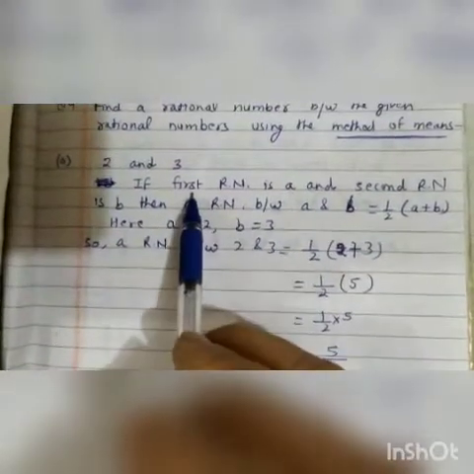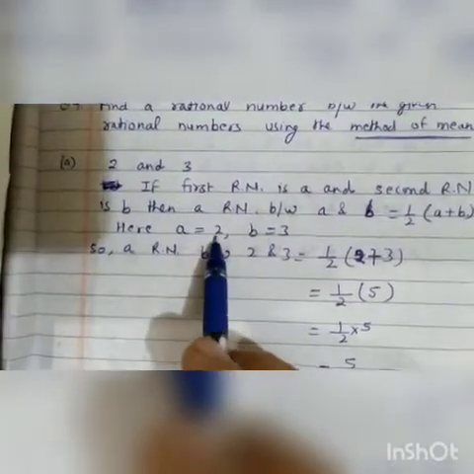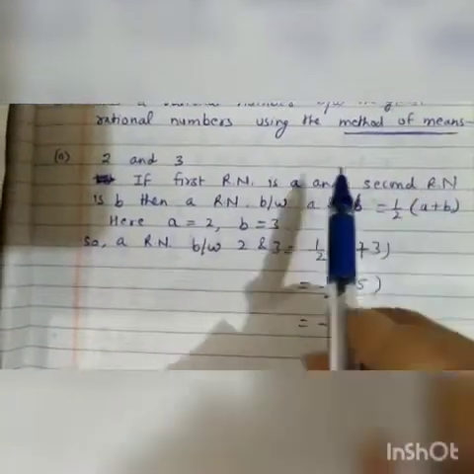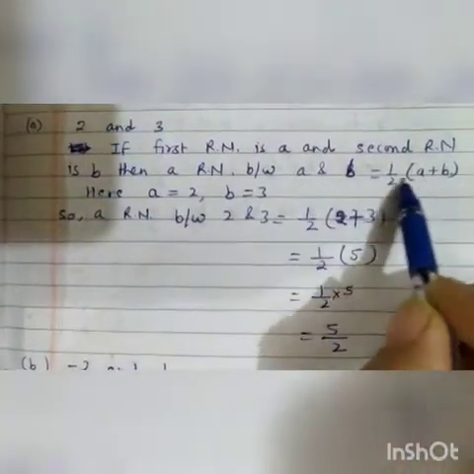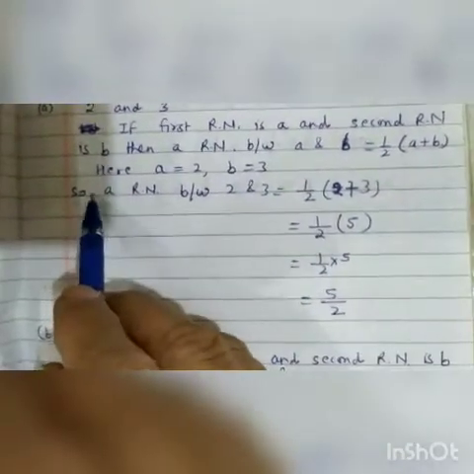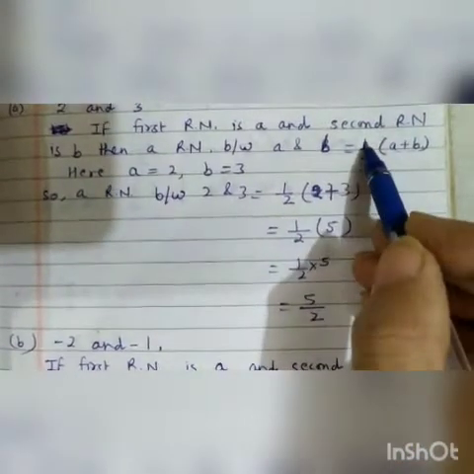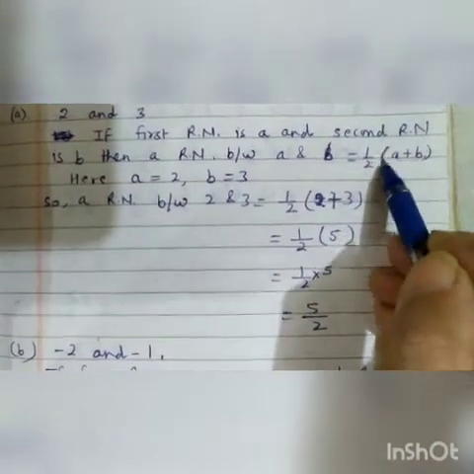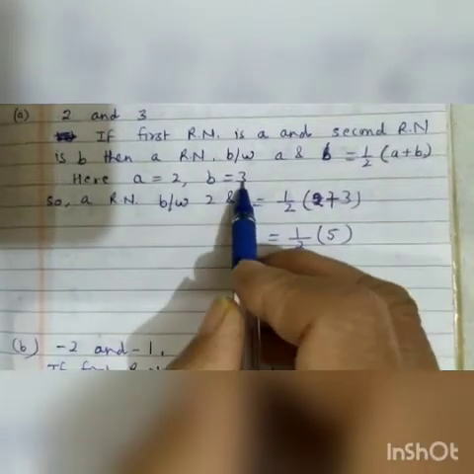Here what is the first rational number? First rational number means A. Here A is equal to 2 and the second rational number means B. B is 3. So applying this formula, a rational number between 2 and 3 is 1 upon 2, then in the bracket, the value of A is 2 and the value of B is 3.